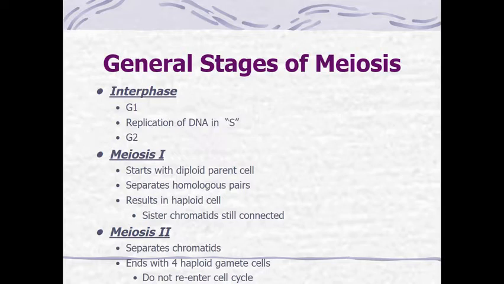So it has half the number of chromosomes, but each of those chromosomes are still made up of two sister chromatids that are still connected. Those two cells will then go into the second half, which is meiosis 2. Meiosis 2 then separates the chromatids and ends with four haploid gamete cells. These cells do not re-enter the cell cycle. That is it for meiosis, and those haploid gamete cells are then ready to be used in fertilization.